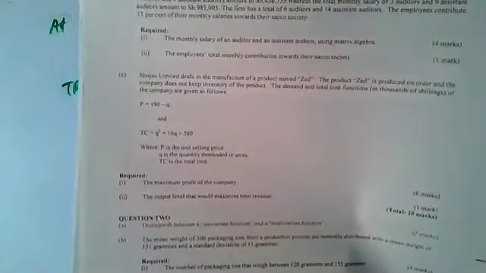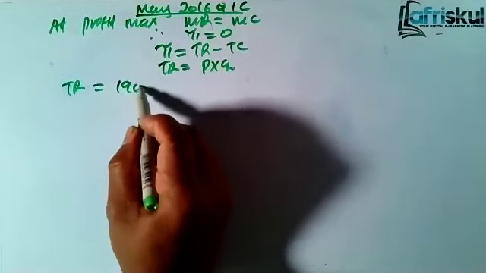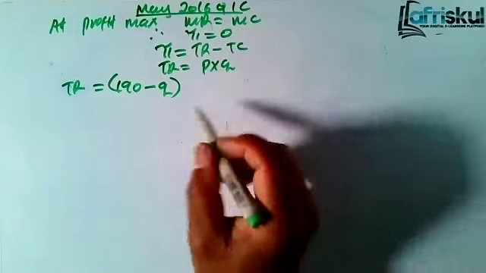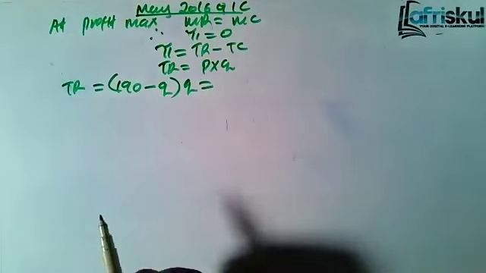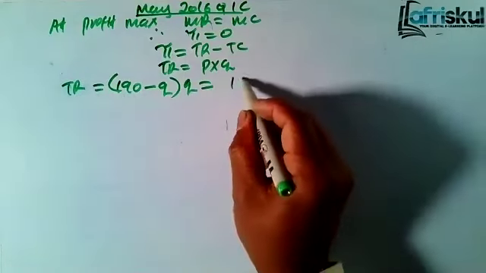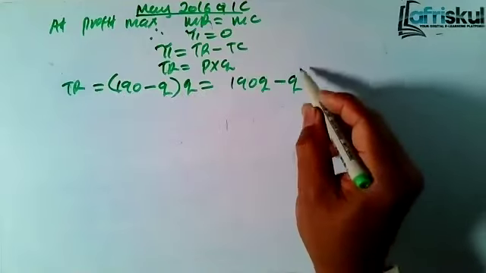In this question, you're already given the price there. The price is 190 minus Q. The price times the quantity, you multiply by Q. So that means your total revenue will be 190Q minus Q squared.